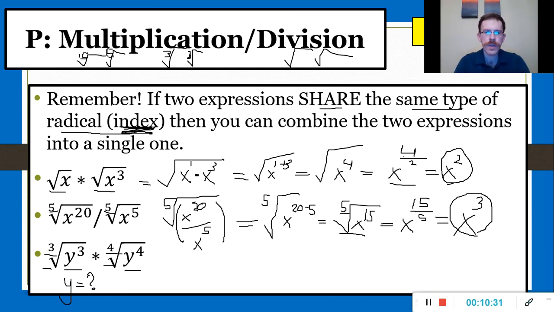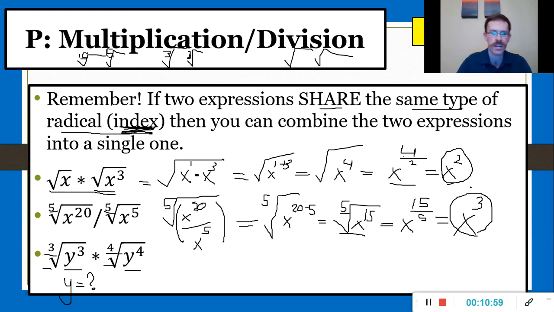To recap, if two expressions share the same type of radical, meaning that they have the same index, they're both square roots, they're both cube roots, they're both fourth roots, they're both 21st roots, it doesn't matter, then I combine them into one expression. It makes it a little bit more simplified.